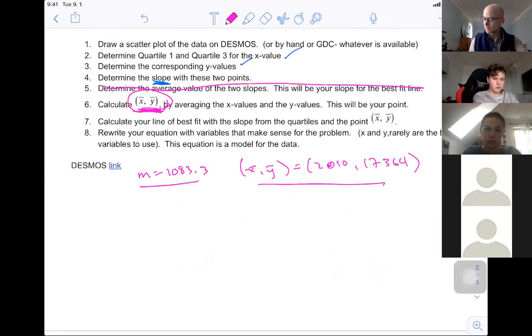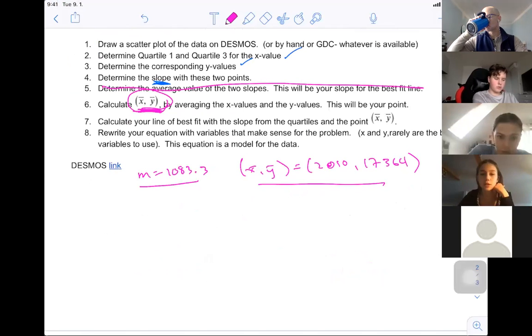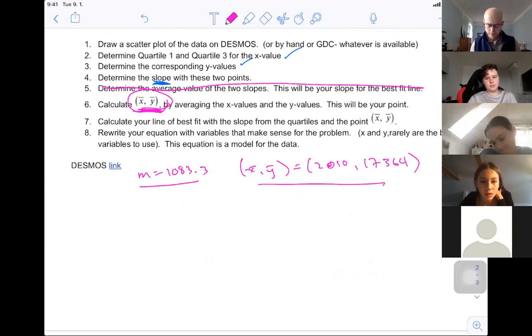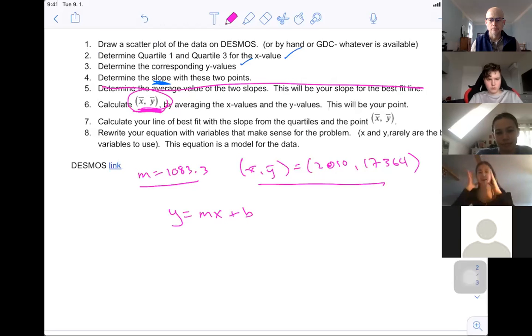Rebecca, how do I find the equation of the line? To find the equation of the line, we need to substitute the y and the x.